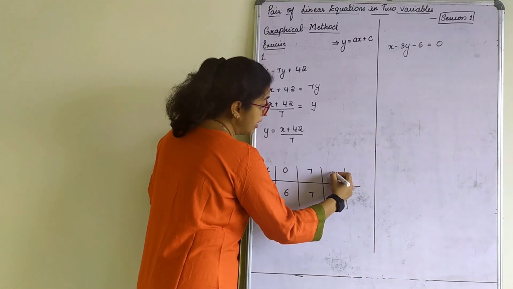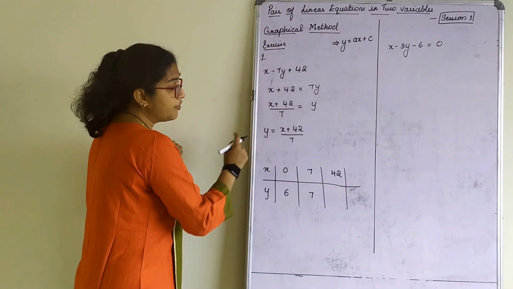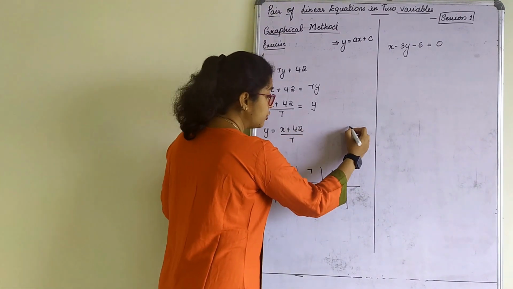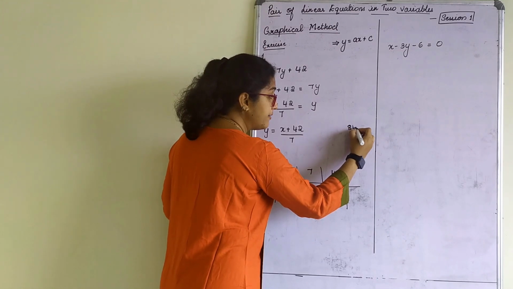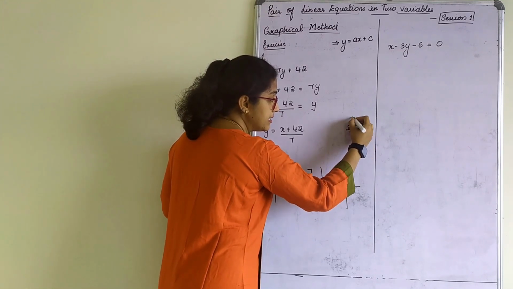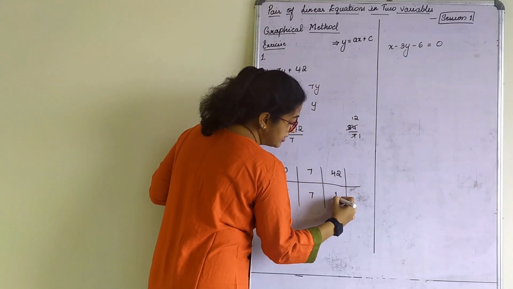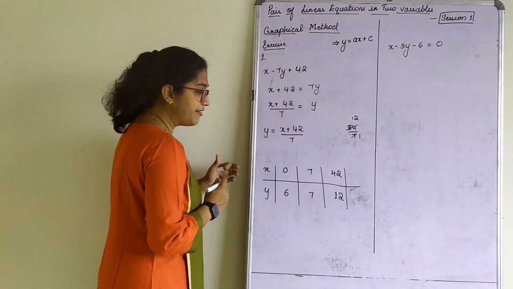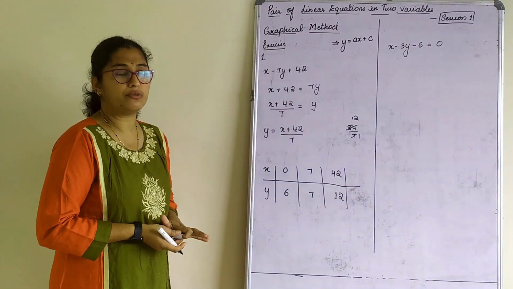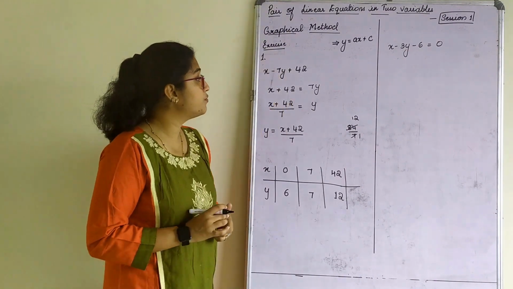So I will give now x is equal to 42. So if x is equal to 42, 42 plus 42 is 84, right? Divided by 7. 7 ones are 7, 7 twos are 14. So your answer is 12. Enough. 3 values are enough to do. Is this very clear?